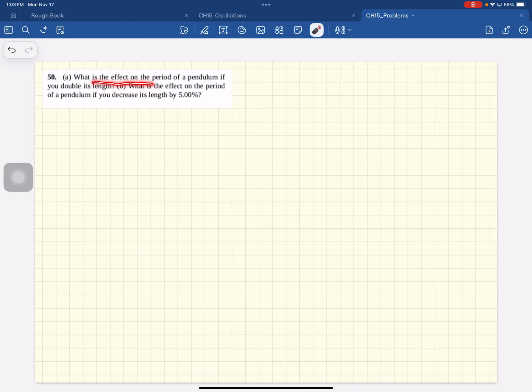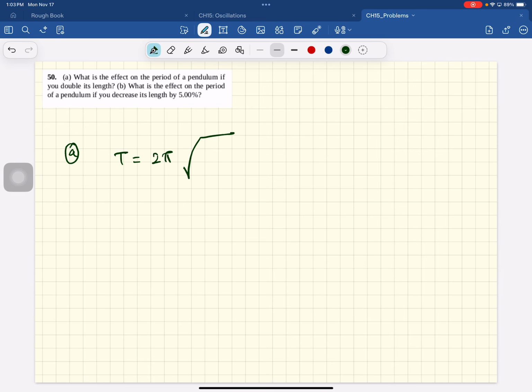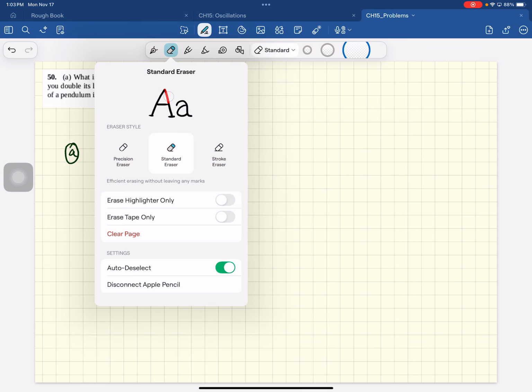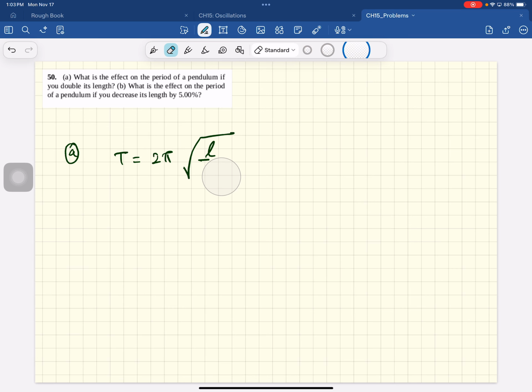What is the effect on the period of a pendulum if you double its length? For a simple pendulum, the period is given by, again, the formula you saw a second ago, 2 pi square root of L over g. So if you double its length, the period will be square root of 2 times the old period.